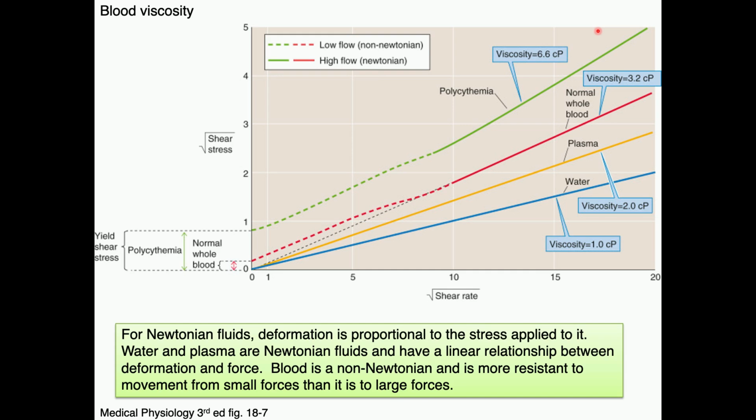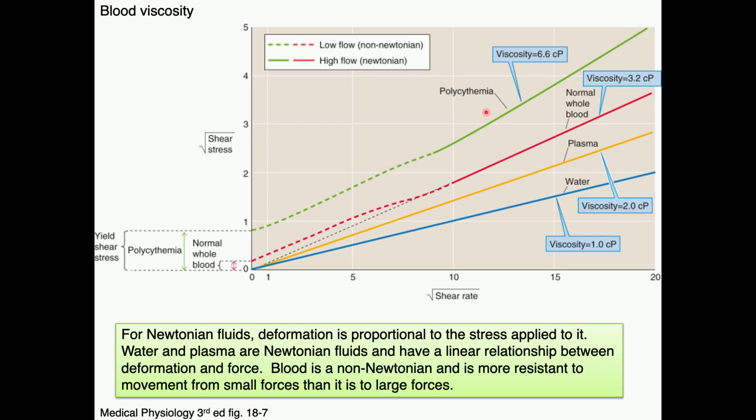If you take plasma, though, and add back the cells, then you get a linear relationship between force and movement with high forces, but there's a deflection away from linearity at lower forces, and those lower forces are more what the body is going to be experiencing in circulation. Okay.